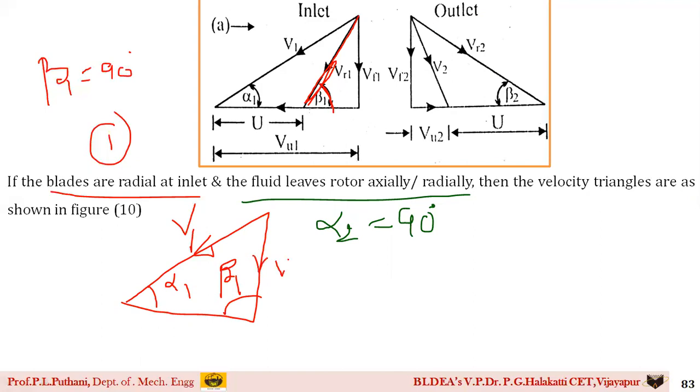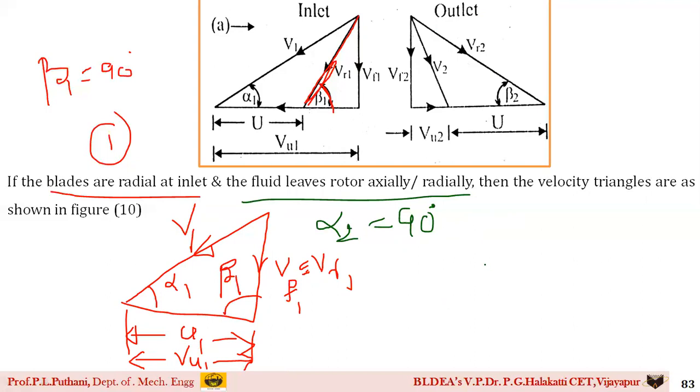Beta 1 is 90 degrees, so VF1 is equal to VR1. Then between V1 and VR1 is U1. This is also equal to the tangential component of the absolute velocity, that is VU1. So U1 and VU1 are both the same.